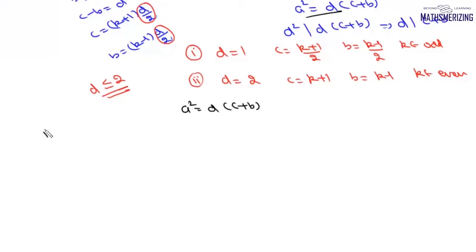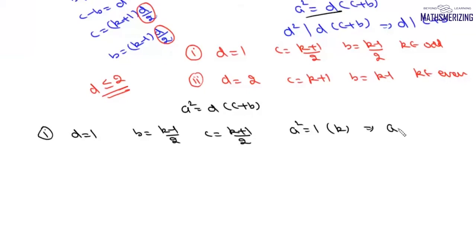So we'll take our first case when the value of d is 1, when the value of b is k minus 1 by 2, and when the value of c is k plus 1 by 2. In that case, we'll get a square as d, which is 1, and then b plus c will be simply k. So from here we'll get a as under root of k, and here this k is an odd number.